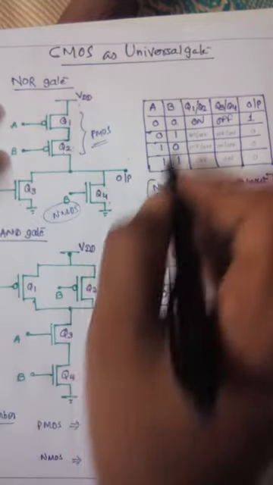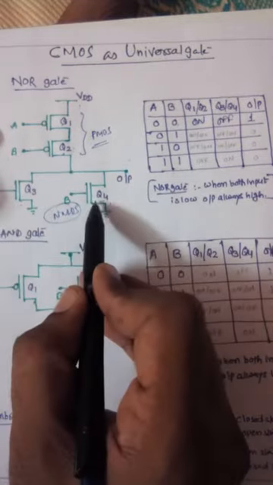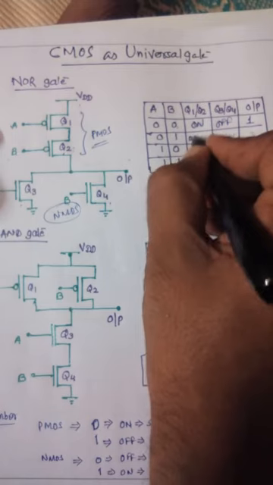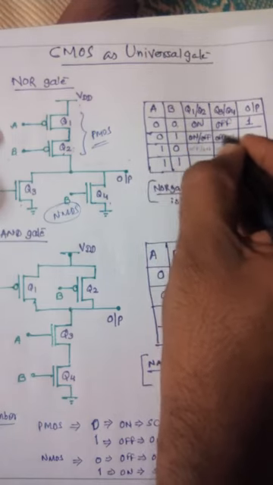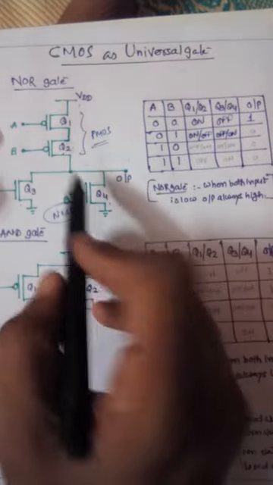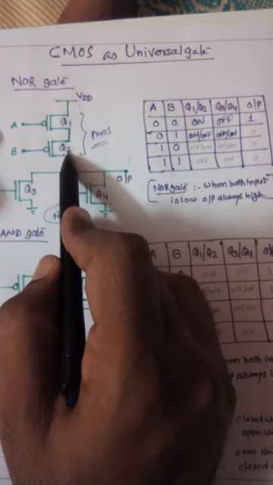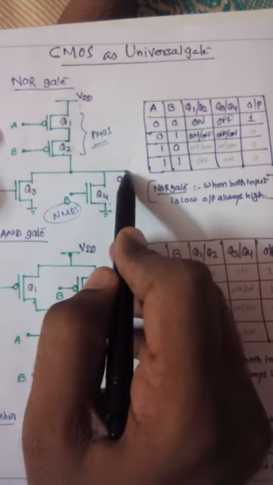Similarly for 0 and 1. Then this one is on, this one is off, this one is off, and this one is on. So Q1 is on, Q2 is off, Q3 is off, and Q4 is on. For the current to flow to the output side and give 1, both Q1 and Q2 are necessary to be on.